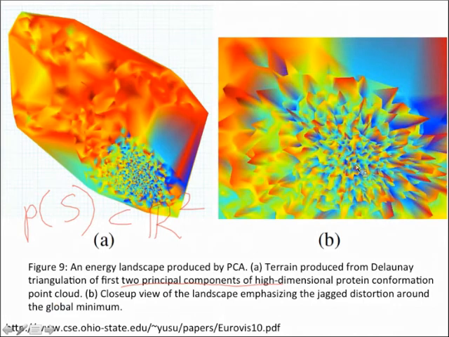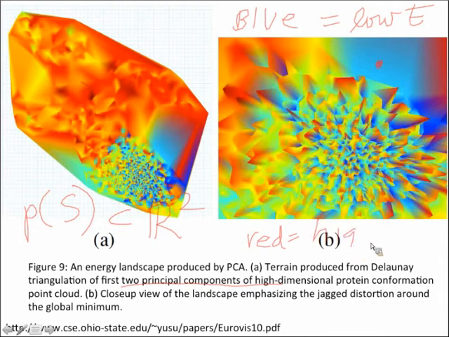And then to get the energy, we can color code. So this here is a subset of R2. So I've got a point in R2, but we color code the energy. Blue is low energy, and red is high energy. So that's one way of trying to visualize the energy landscape.